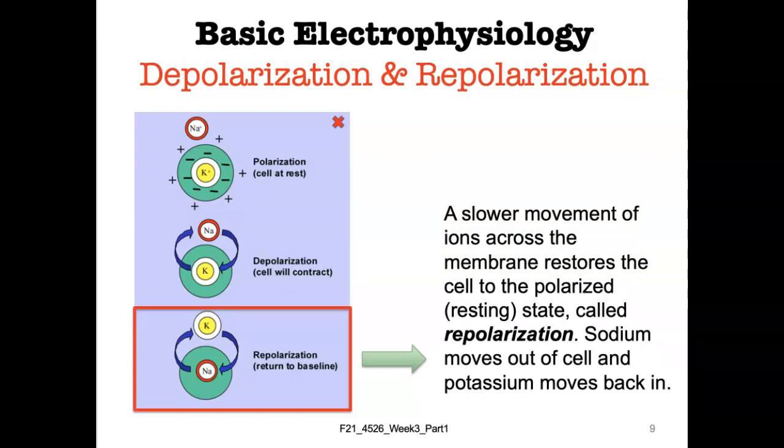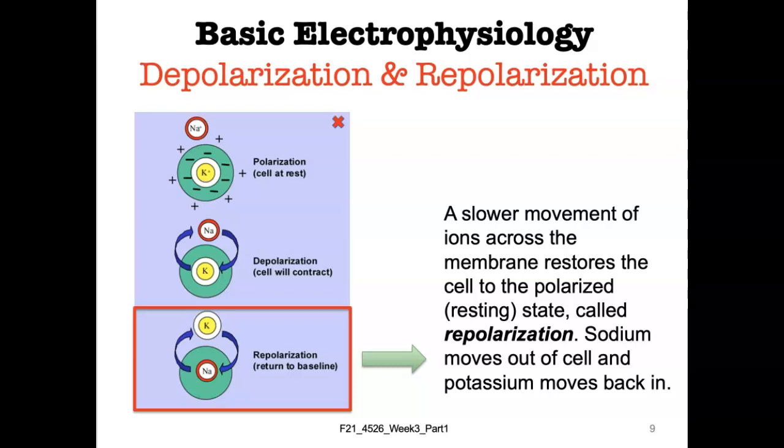Repolarization is going back to the resting state. You have potassium coming back into the cell and sodium going back out of the cell, and this is called repolarization. So that is just your basic electrophysiology. You can kind of understand why we're so concerned about high levels of potassium and low levels of potassium in the cardiac system.